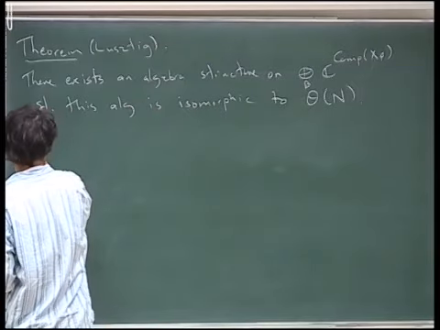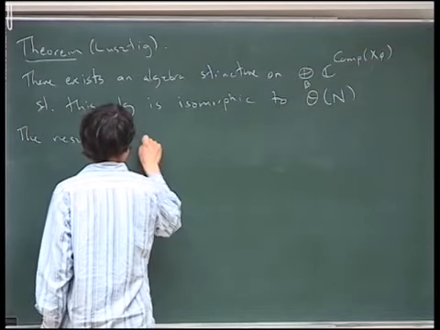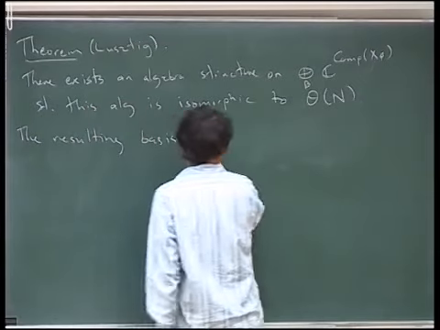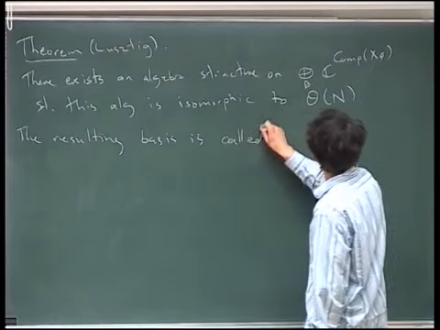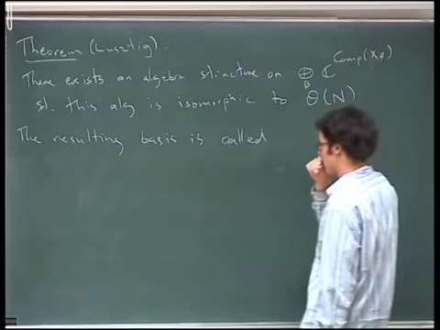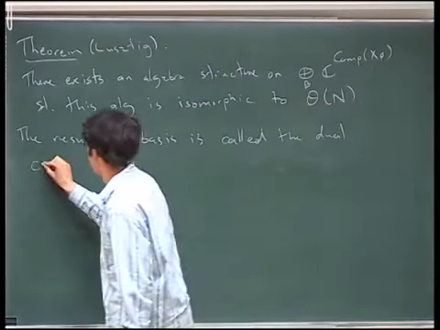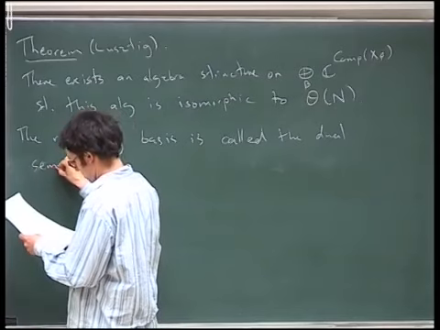The resulting basis, so we get a basis for this now given by the components because you have such an isomorphism, is called the dual canonical basis, dual semi-canonical basis.